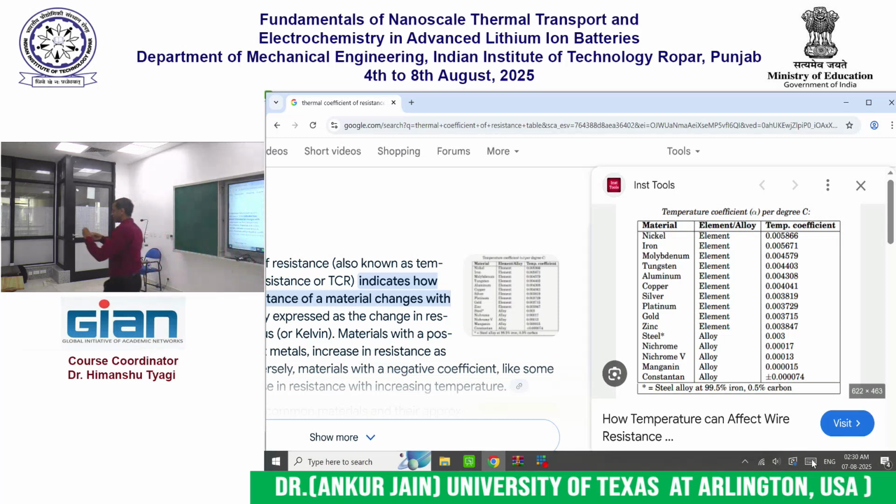They put the right proportion of the mixture, whatever their constituents are, to make sure that their resistance does not change with temperature, because those are used in heating elements, and you don't want the amount of heating happening in the element to itself change as it gets hotter and hotter.